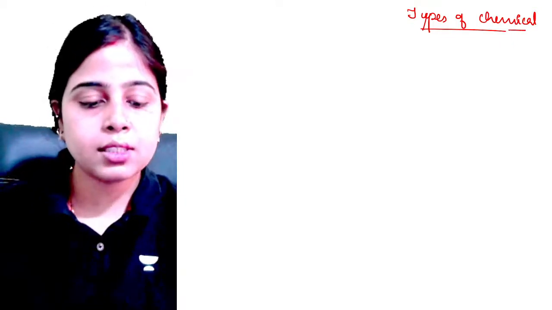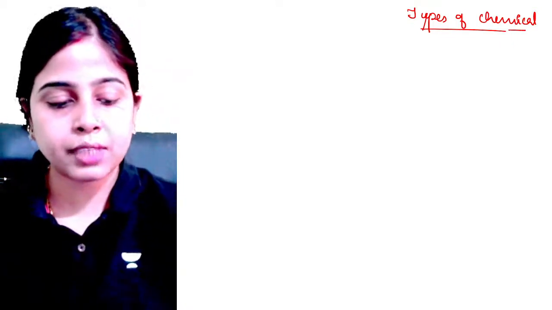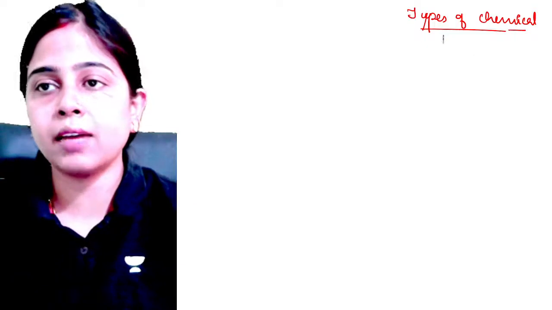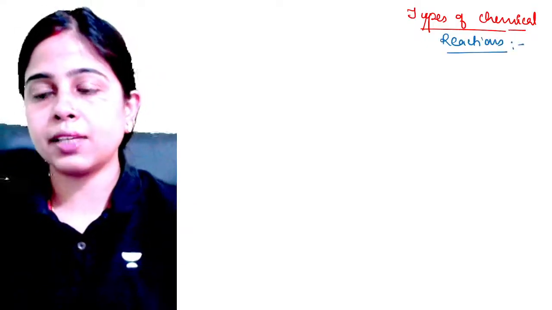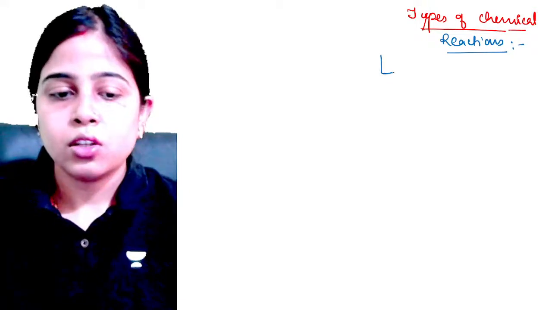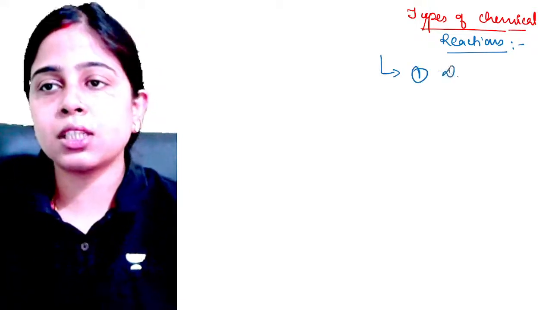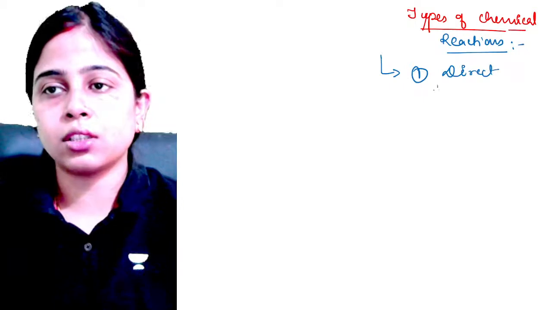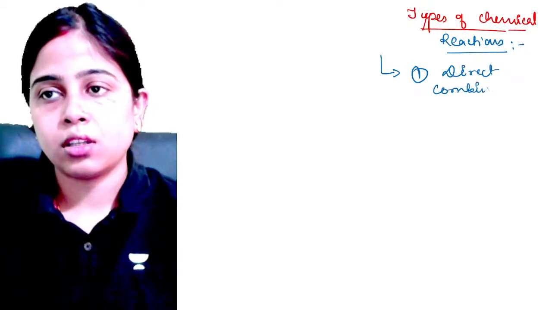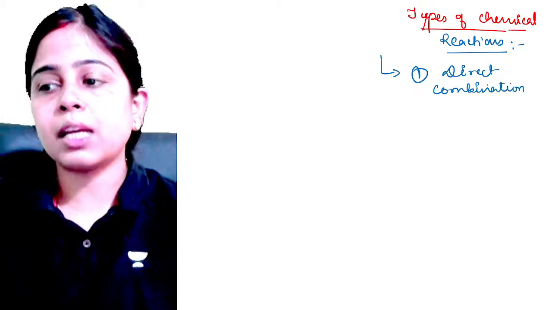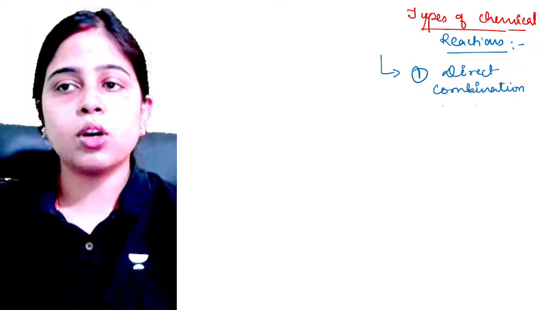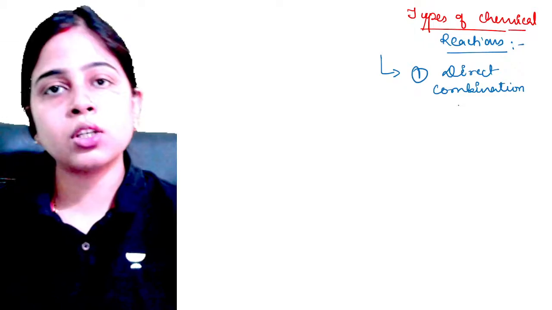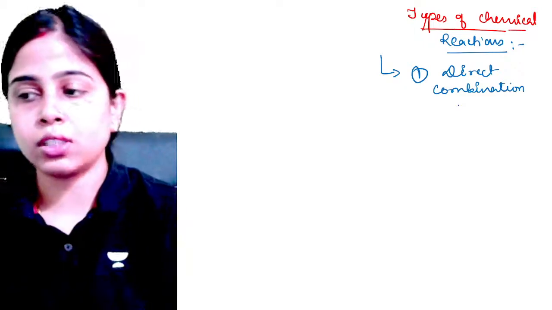Can anyone tell me how many types of chemical reactions we have? So the first type of chemical reaction is direct combination, or you can call it combination reaction, or synthesis reaction also.